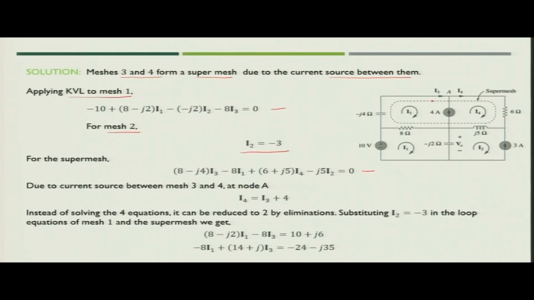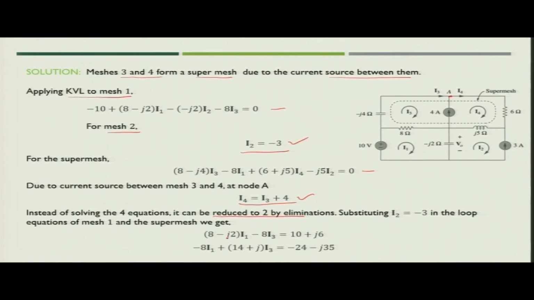And now, if you apply KCL at this node, you will get I4 is nothing but I3 plus 4. So, now we have 4 equations. Using the I2 value and the value of I4, we can put these two values in these two equations and simplify, and we are reduced to only 2 equations.